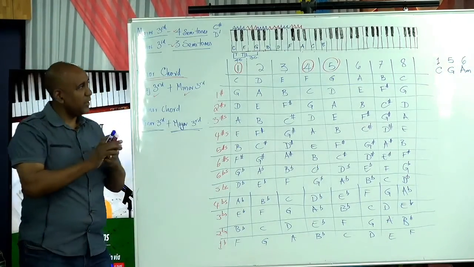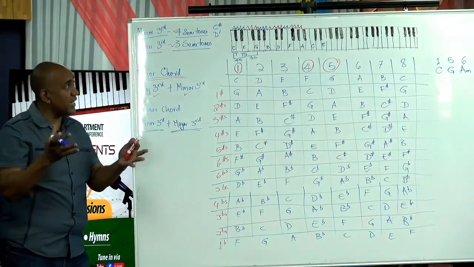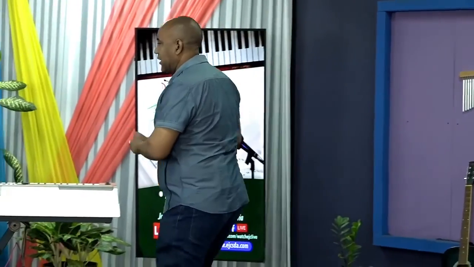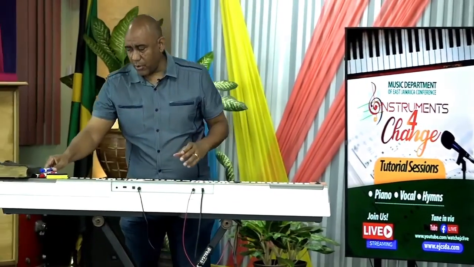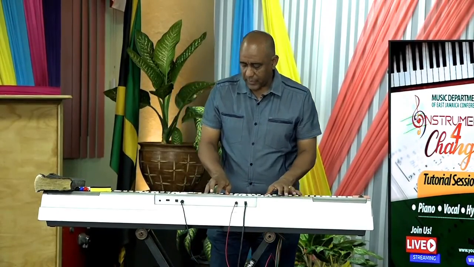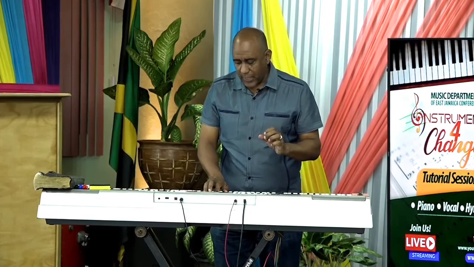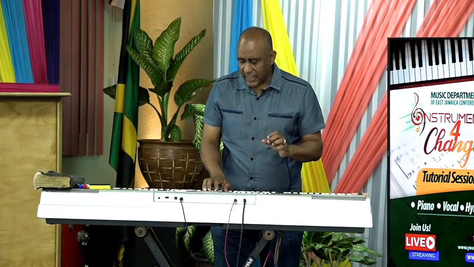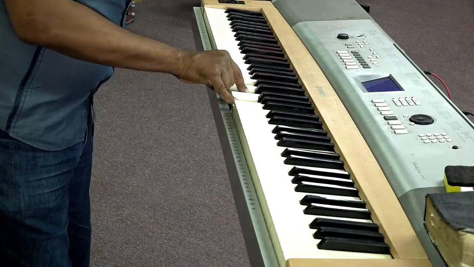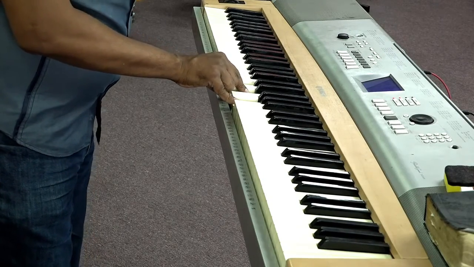Now, there's one more way we can look at the minor chords and the major chords. Let's go to the keyboard. This is an easy way to learn about the minor chords and the major chords. If you look carefully, we have C, E, and G as our C major chord, or C major triad.